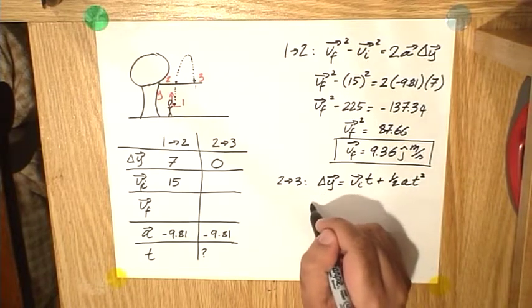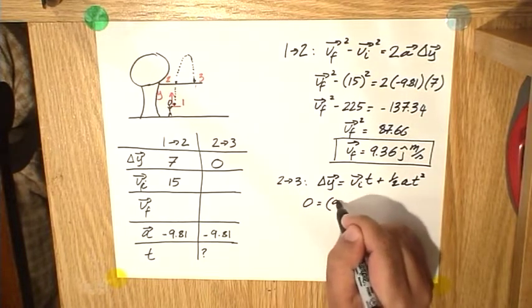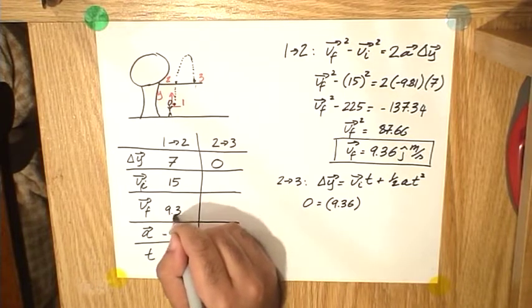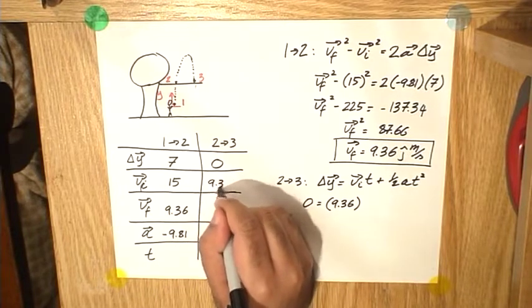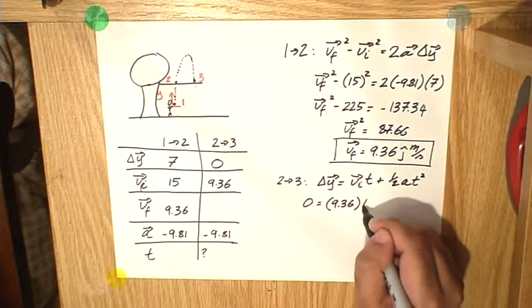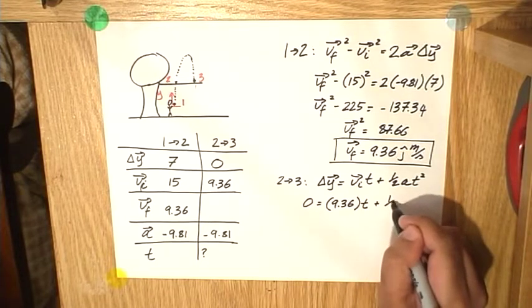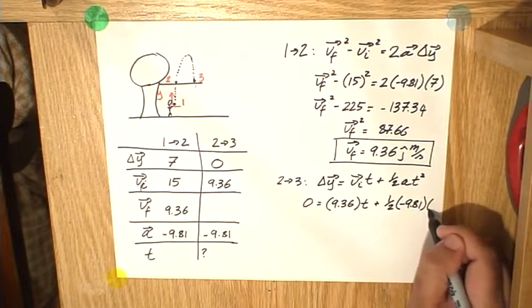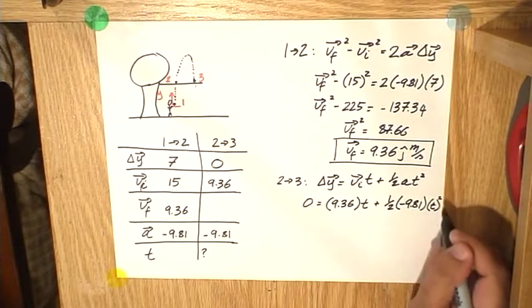So delta y was 0 is equal to v initial 9.36. In fact, I could just as well write it out over here. Times the time, which is unknown, plus 1/2 acceleration, negative 9.81, times time squared, which we don't know yet.